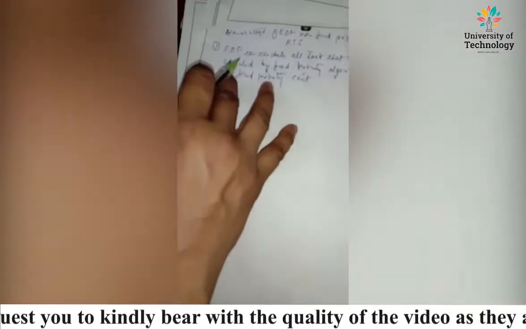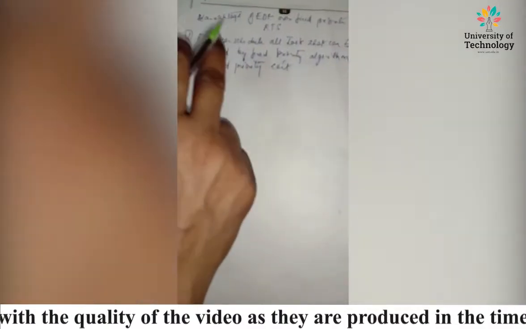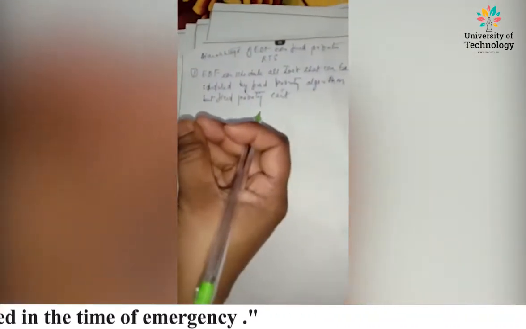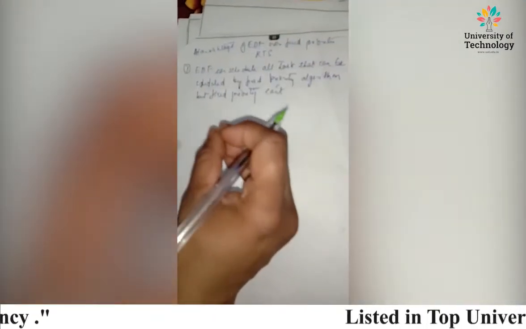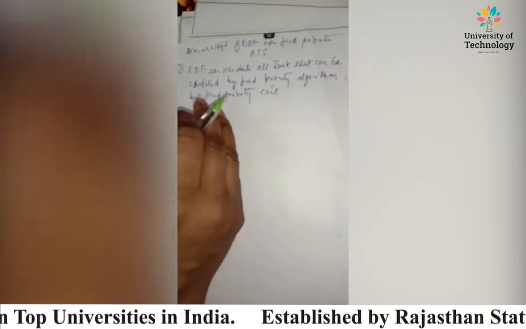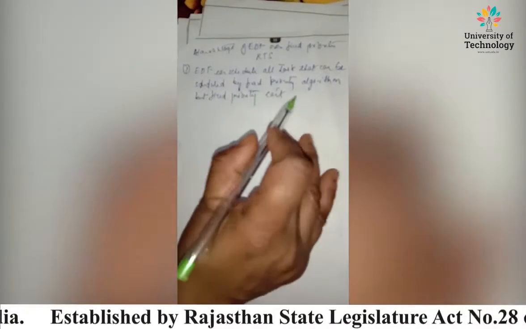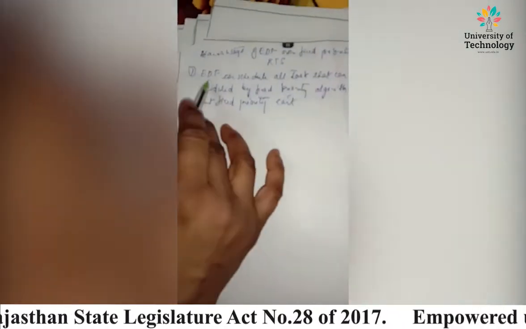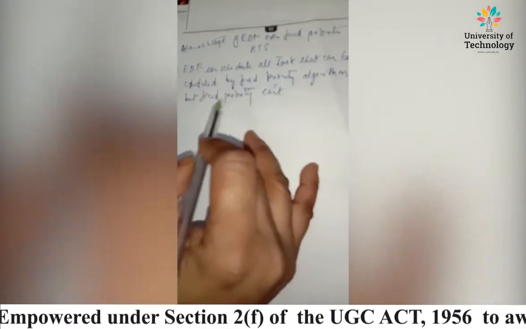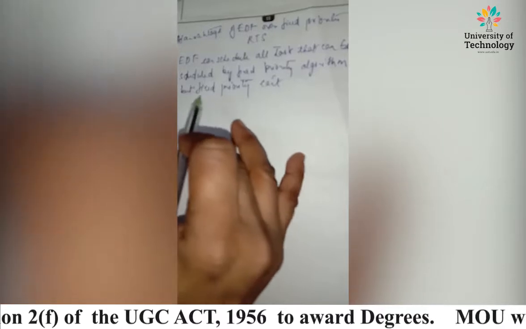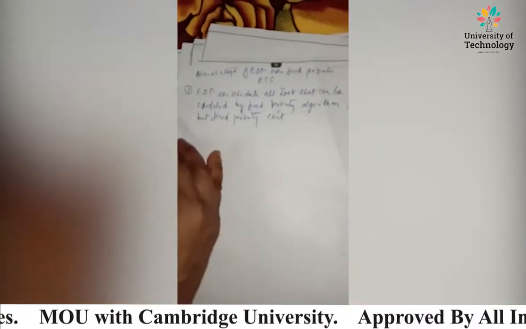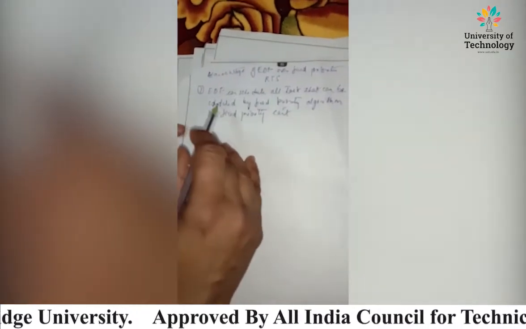In the case of EDF, all the tasks that can be scheduled by a fixed priority algorithm can also be scheduled by EDF, but a fixed priority algorithm cannot schedule all the tasks that can be scheduled by EDF. So you're getting my point. EDF can schedule the tasks scheduled by fixed priority, but vice versa is not possible. So this point is clear. This is the advantage of EDF over fixed priority.